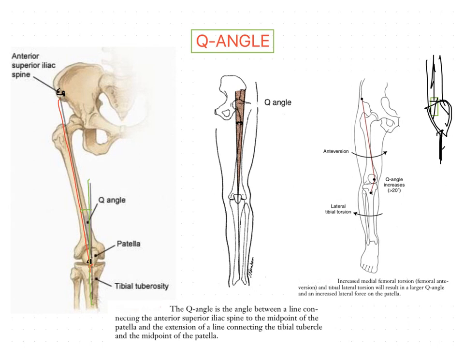An angle of 15 degrees is considered to be normal. Females have a slightly greater Q angle than males. Why? Because the increased angle among females is due to the wider pelvis.